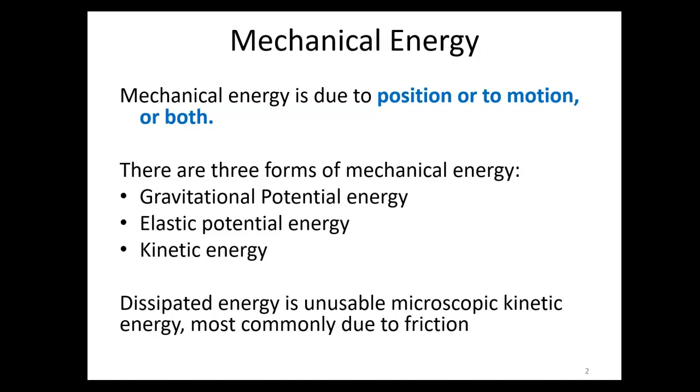There are three primary forms of mechanical energy: gravitational potential energy, elastic potential energy, and kinetic energy. And then we will also be talking about dissipated energy, which is an unusable microscopic kinetic energy, most commonly due to friction or air resistance.